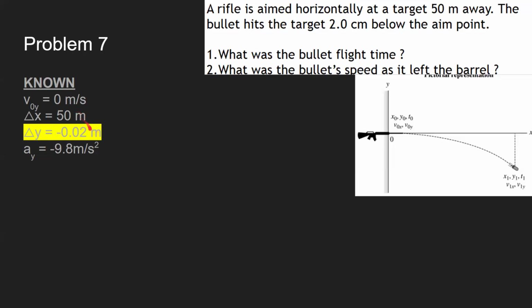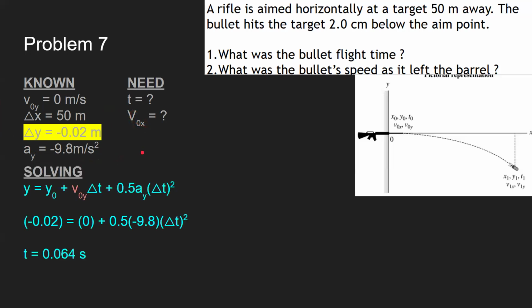These units have to match up. And also because we're using g, and g needs meters and seconds. So g, acceleration in the y, a_y, is negative 9.8 meters per second squared, as always. We need to find t, the time that it travels, and we also need to find the initial x velocity.